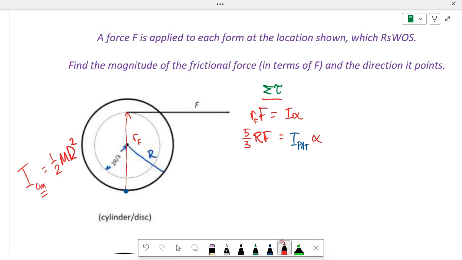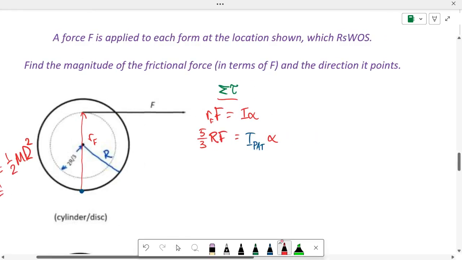rotational inertia. As a refresher, the way that I write this is I pat is I center of mass. We have to take the fact that the form rotates about its own center of mass, but also the fact that its center of mass actually revolves around the point of contact. So we treat it like a point mass.